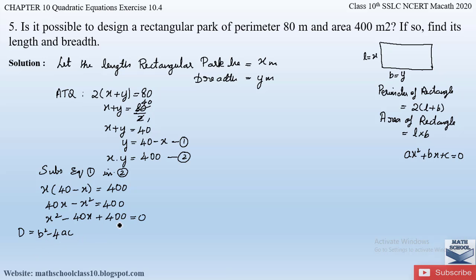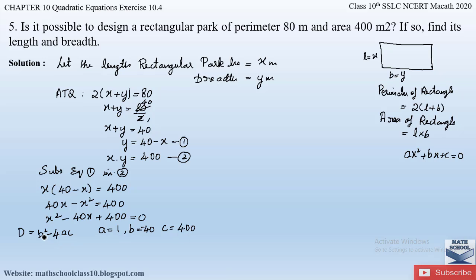If you compare this quadratic equation to the standard form of a quadratic equation, we will get the a, b and c values, where a is the coefficient of x square, that is 1, b is the coefficient of x, that is minus 40, and c is the constant, that is 400.